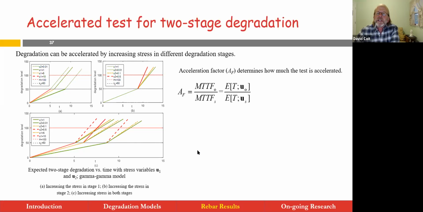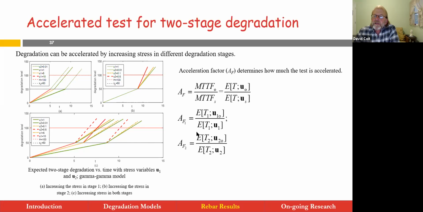Now the equation you see there, AF, I label it as mean time to failure, where failure would be in an unsafe condition. The subscript O means nominal or actual. Subscript S means high stress, stressed. So I can relate the two of them together, and just quickly, I do that by having a separate acceleration factor for each stage.